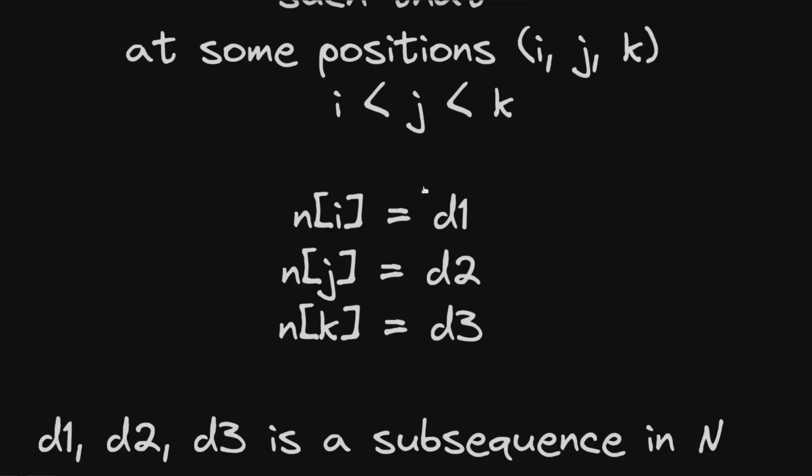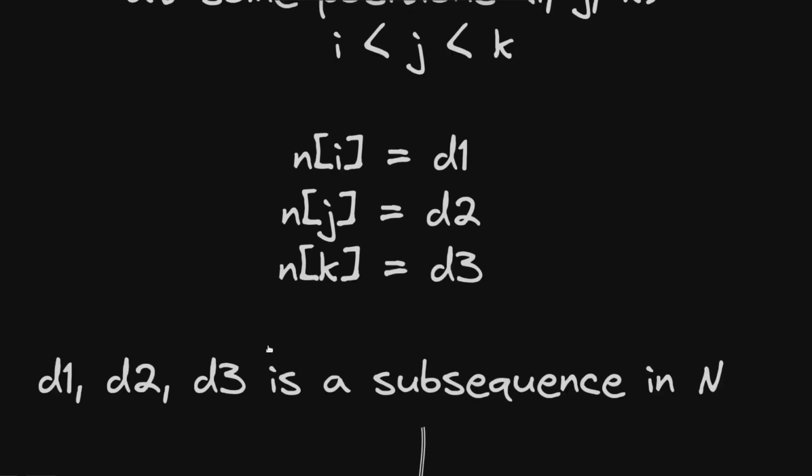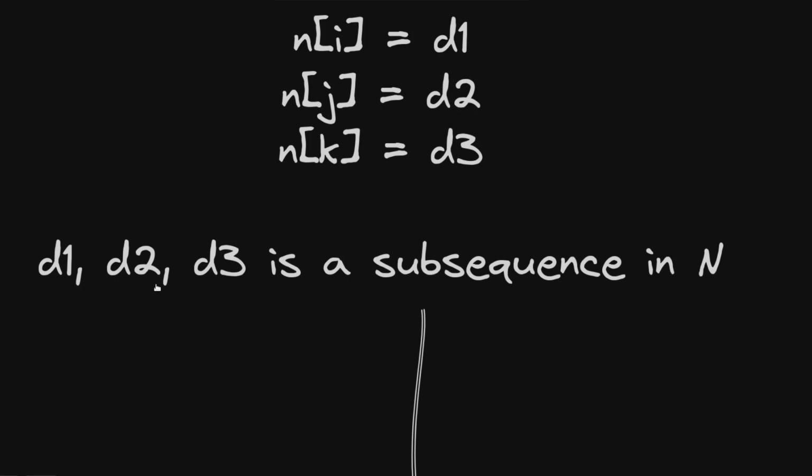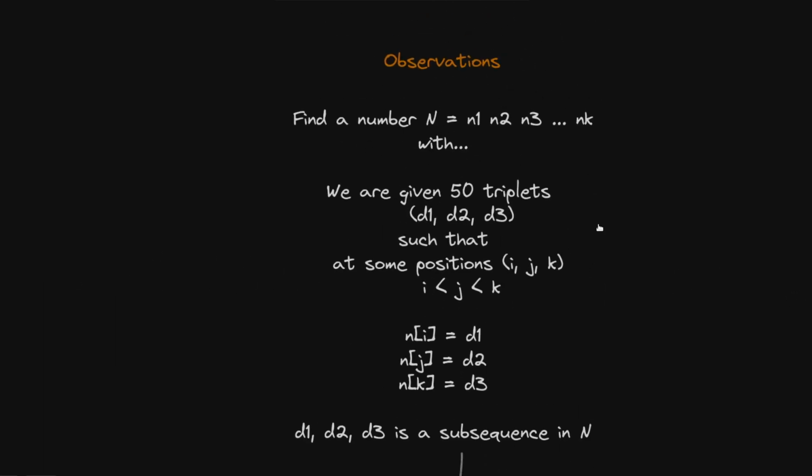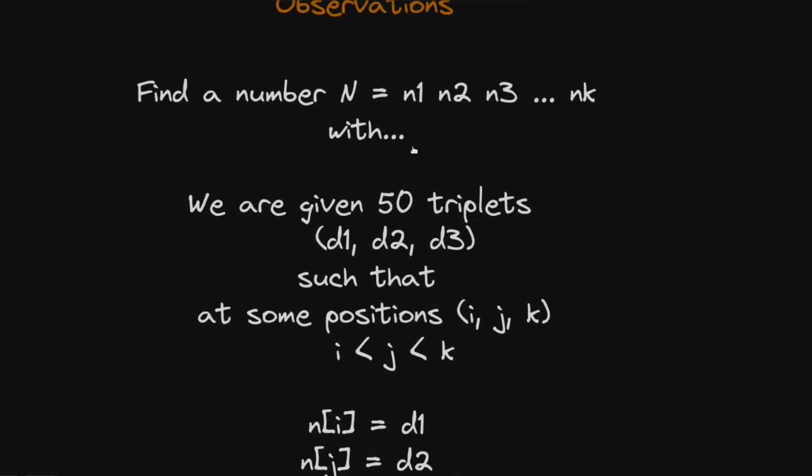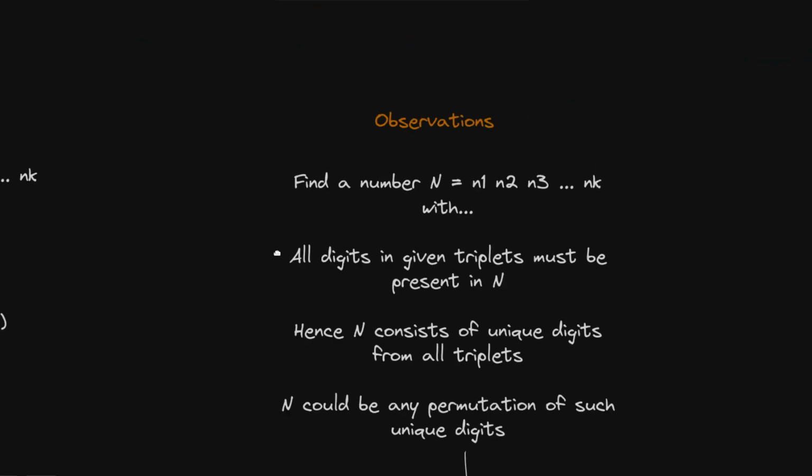And if a valid attempt is made, then there are some positions i, j, k, such that d1 is present at the ith position, d2 at the jth, and d3 at the kth. And from this we can observe that d1, d2, and d3 is a subsequence in n. So the main observation is that all the triplets are a subsequence of some passcode of some fixed length.